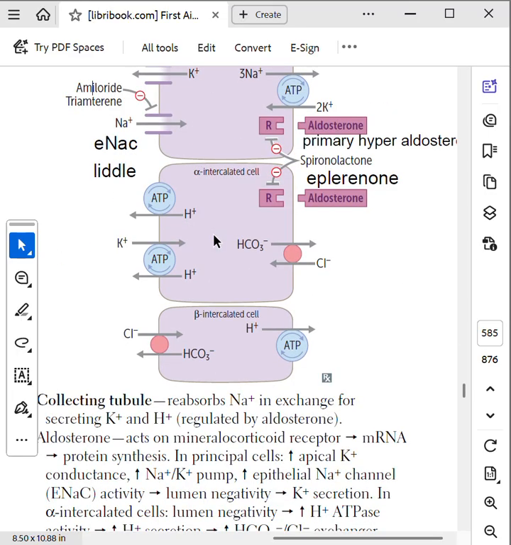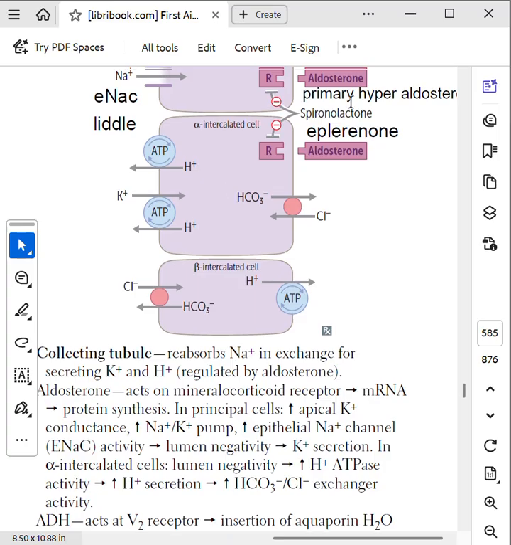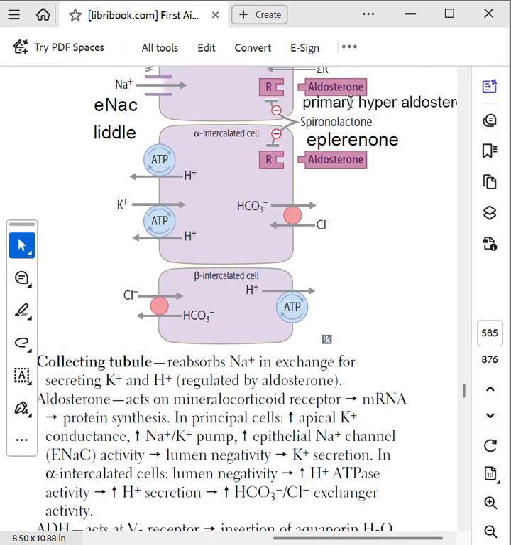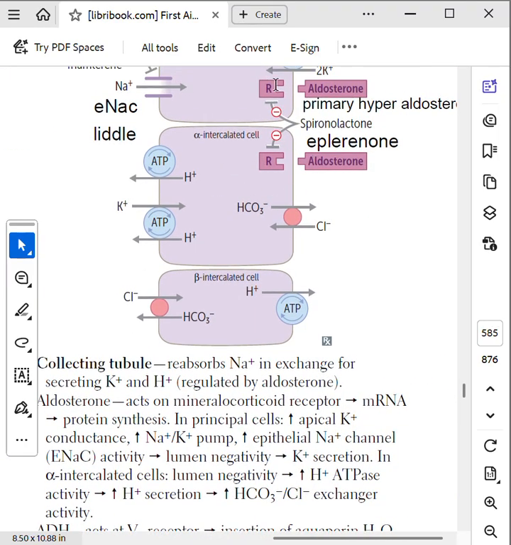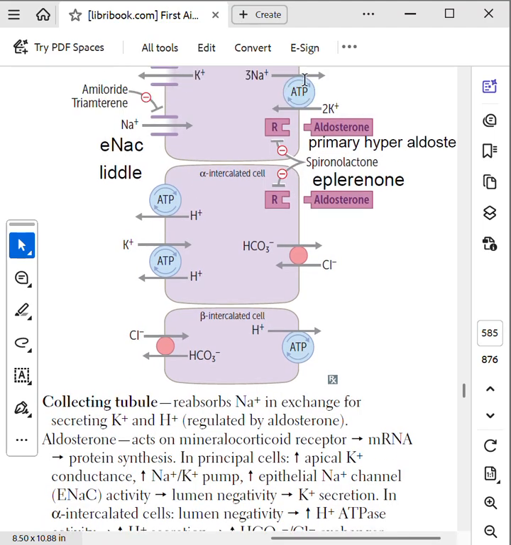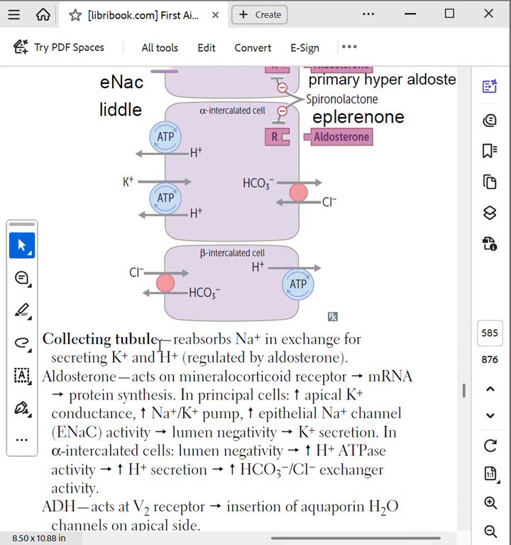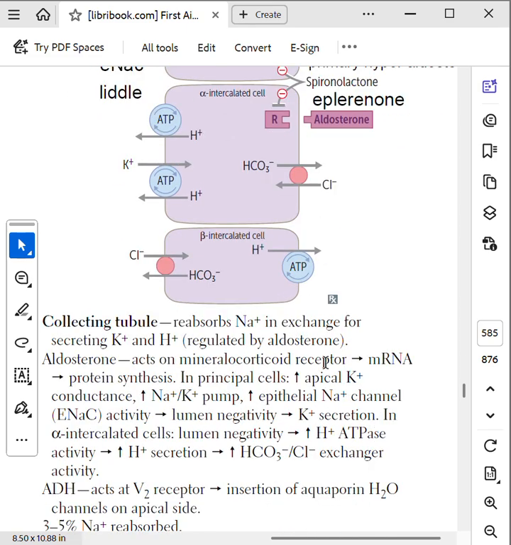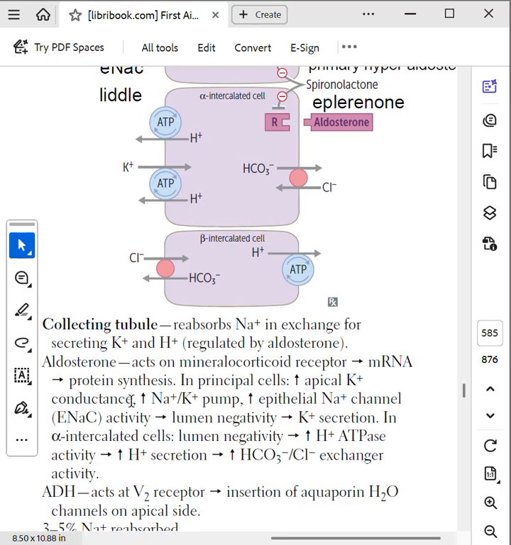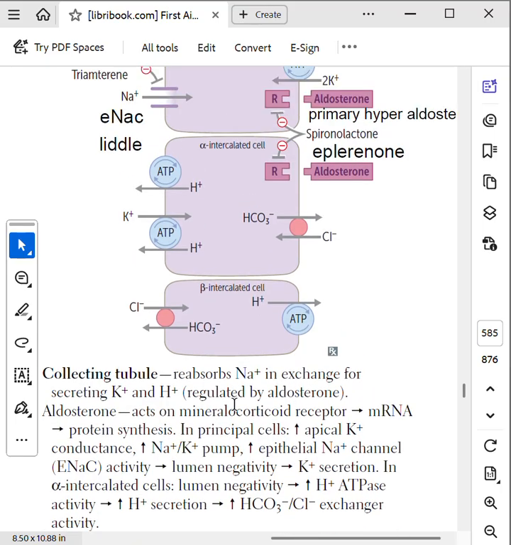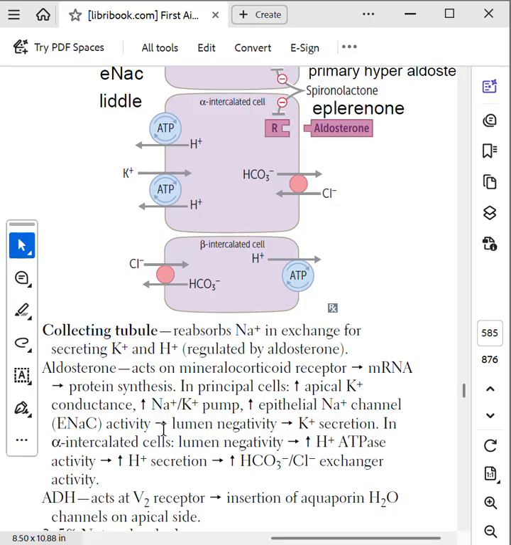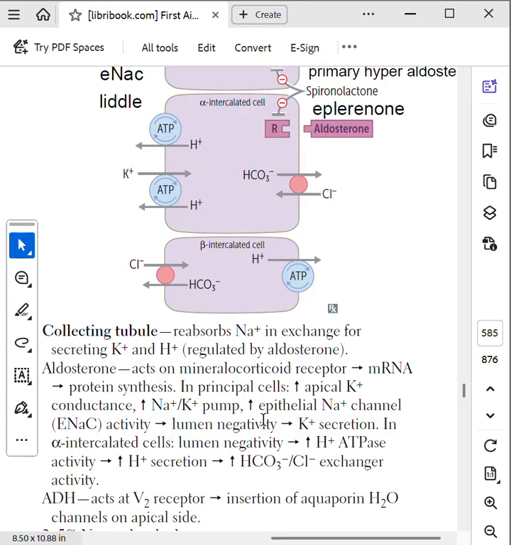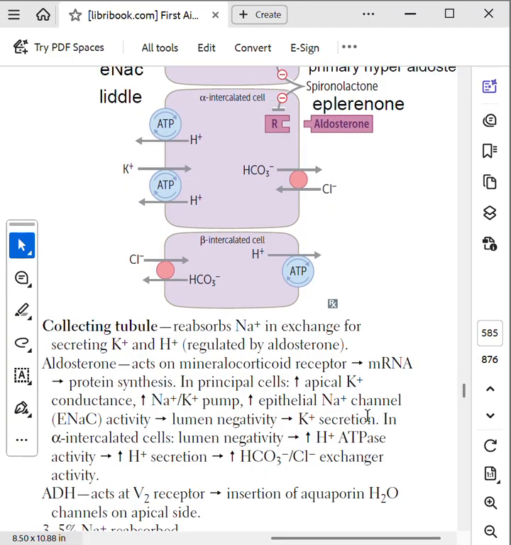So we give this also in the syndrome where there's too much mineralocorticoid excess, because the mineralocorticoid receptors are taking in too much sodium and releasing too much potassium. Aldosterone causes mineralocorticoid receptor protein synthesis, and there's too much potassium conductance, the sodium potassium pump gets activated, and epithelial sodium channel activity increases, and there's lumen negativity. This causes potassium secretion.